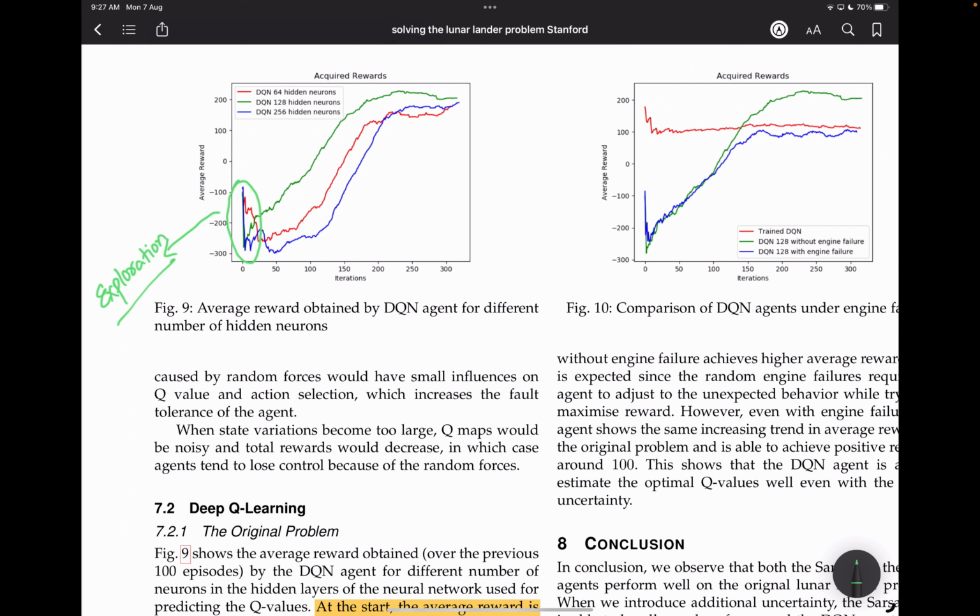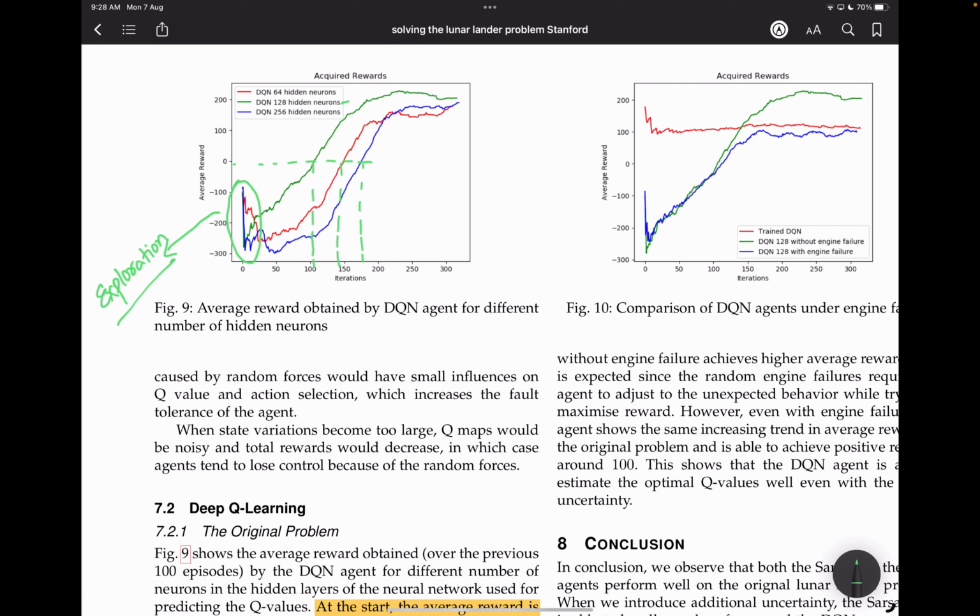And after that, you see the increase. Say, for around 100 iterations, our 128 hidden neuron DQN did pretty well. It was the first one to cross in 100 iterations.